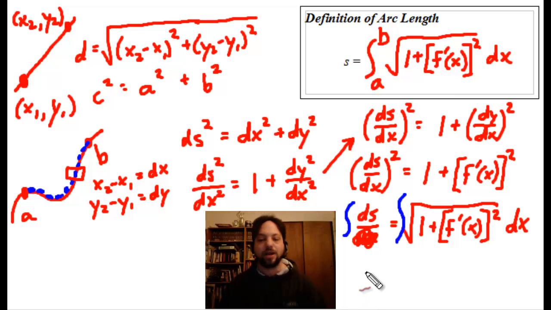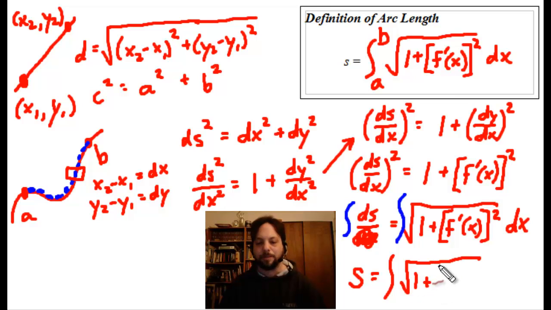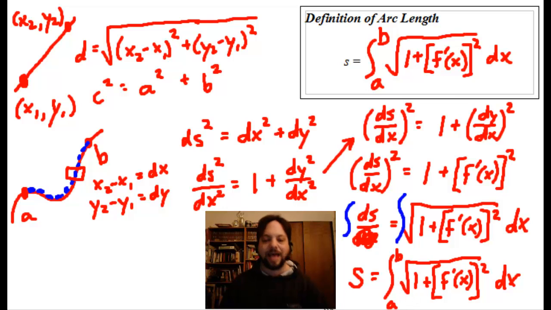And if we do that, what's going to happen? On the left side, we'll just have s, and on the right side, we will have that magic integral that we wrote in the box up above, 1 plus the derivative of the function squared, dx. Now, if I integrate that between a and b, that will give me my arc length, and that is what I've been looking for.